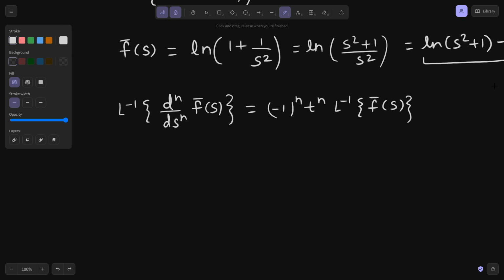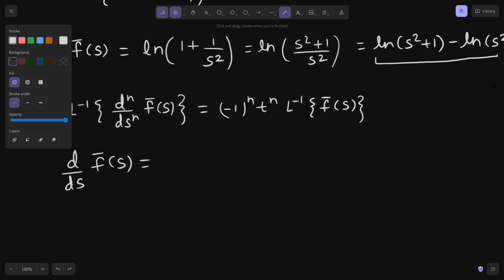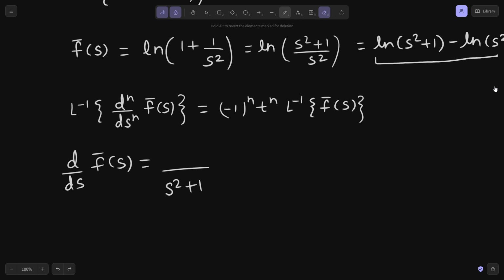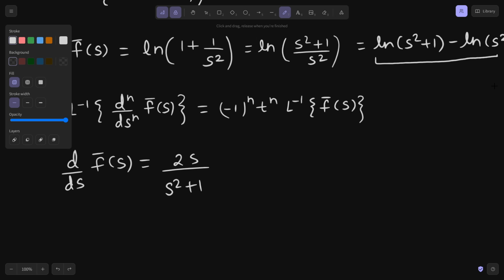So if I differentiate this with respect to s, let's do the first derivative. d/ds of that will come out to be, now the derivative of log of something is 1 upon that thing, so 1/(s² + 1). Further, by chain rule, differentiate whatever is inside the bracket. s² derivative is 2s and the derivative of 1 is 0, so just multiply by 2s.